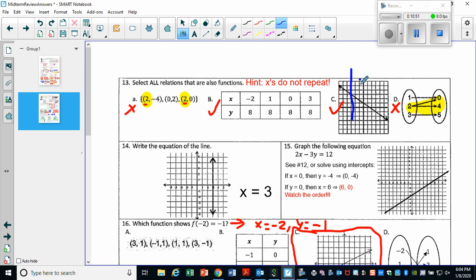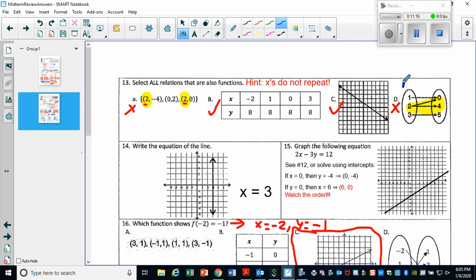I draw a vertical line. I'm only touching my function one time. So in the end, ta-da, that is a function. So C also works. And D doesn't work because in your domain you have two arrows from the same single value of your domain going to two different values in the range.